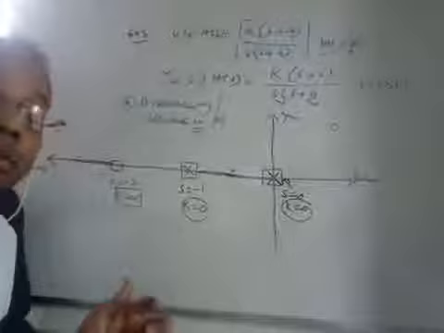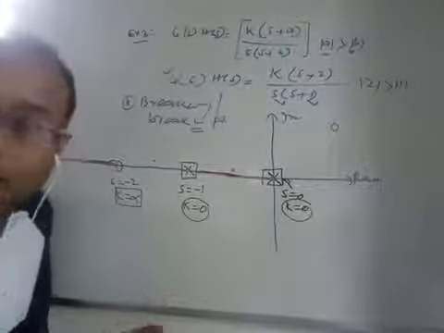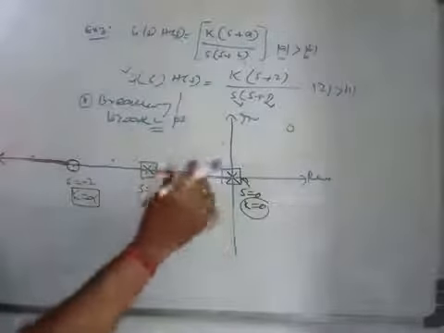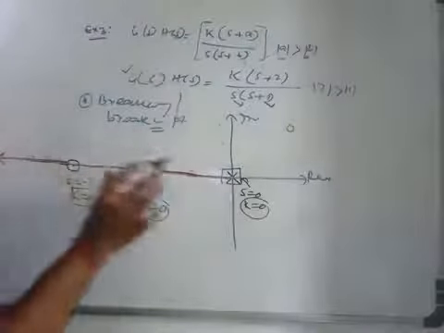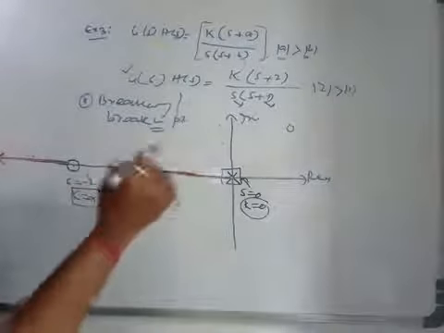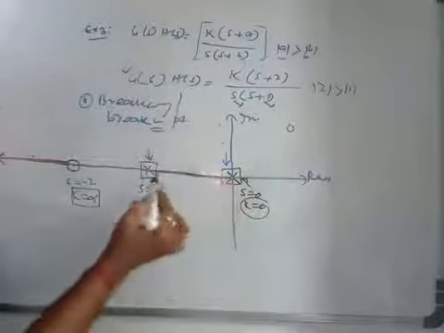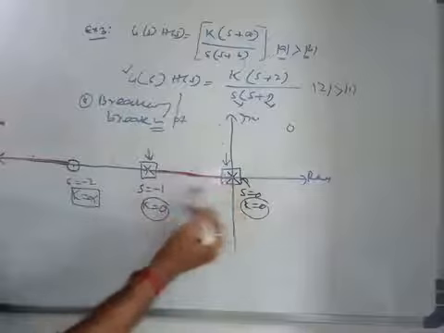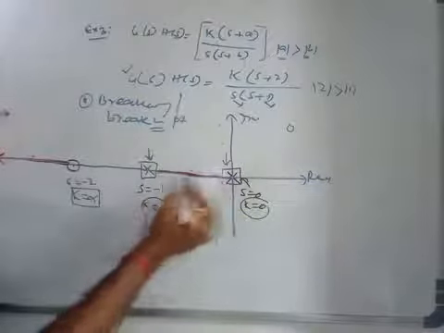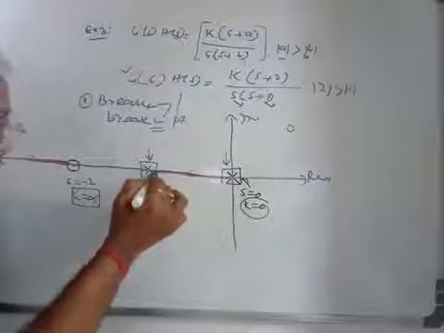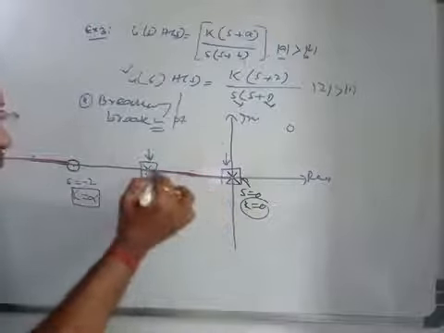So to know whether the breakaway point is required or not, first of all you have to check whether any two side by side poles exist or not, right? Here you see this is one pole and this is one pole, and they are residing side by side on the real axis, and you would see this red color, that means bold line, what you can do in your pencil, and you see a branch exists.